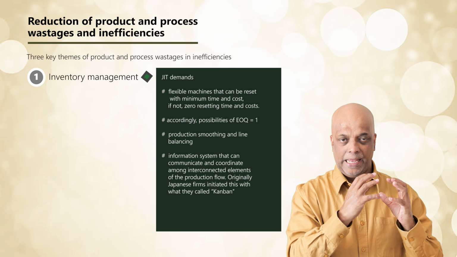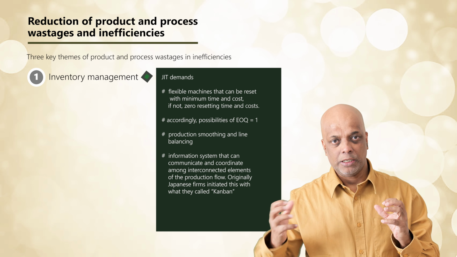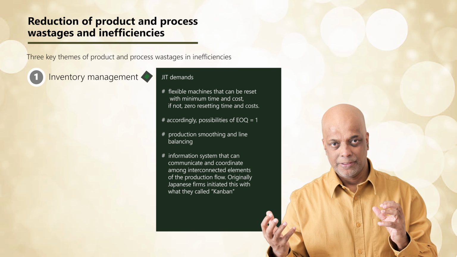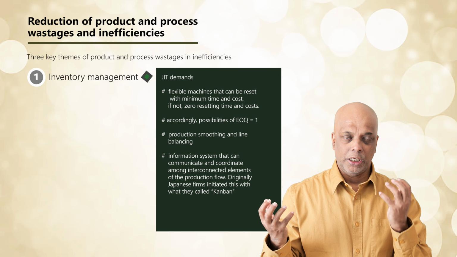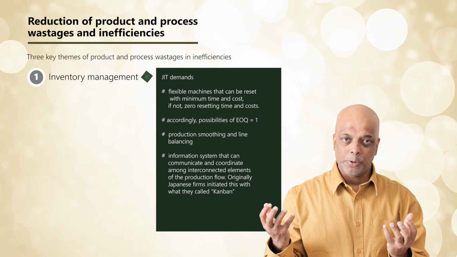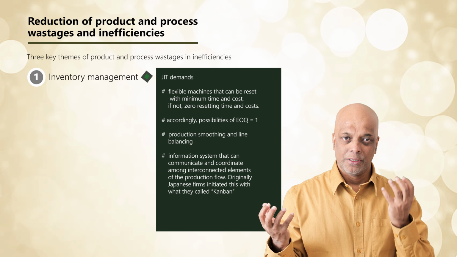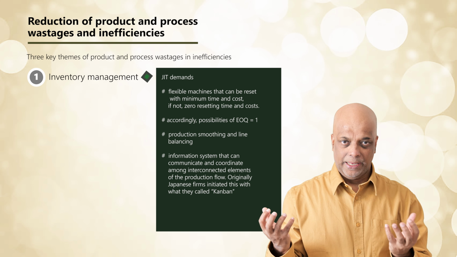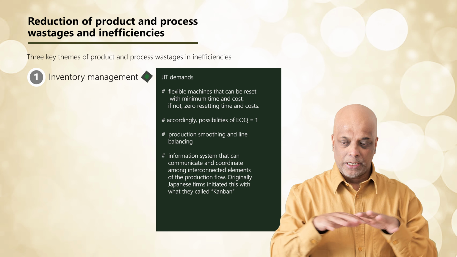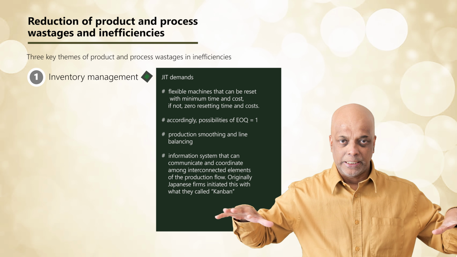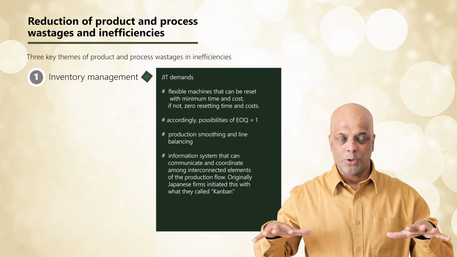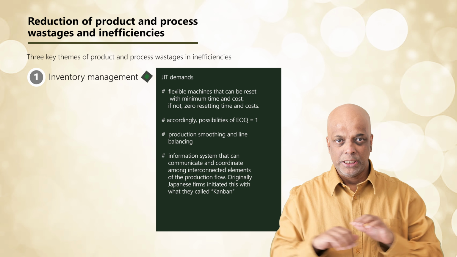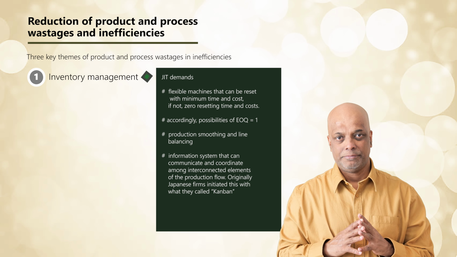Production unit A receives the component from production unit B. So the output rate of production unit B should be equal to the input rate of production unit A. So the input, throughput and output of all these interconnected units should be balanced. That's what we call production smoothing and line balancing.